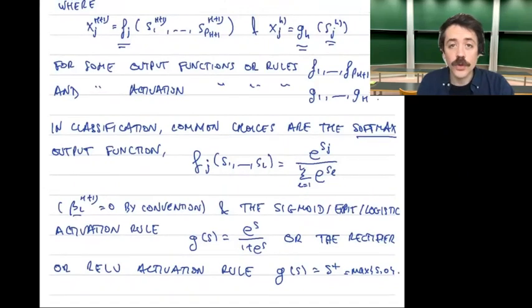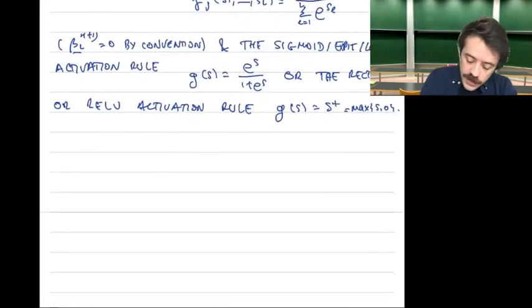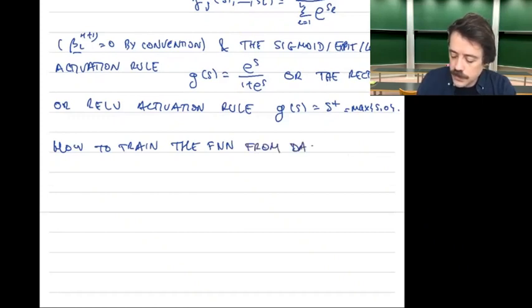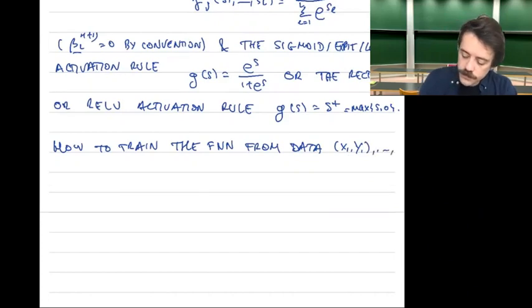And now, therefore, we want to train it. So how do we train the feed-forward neural network from data x1, y1 to xn, yn?